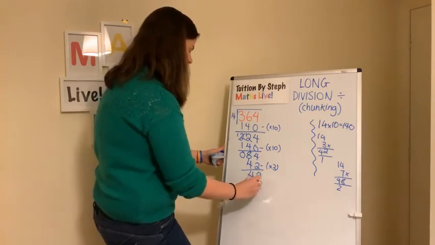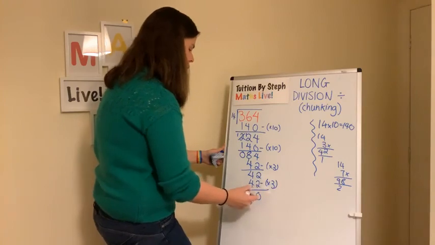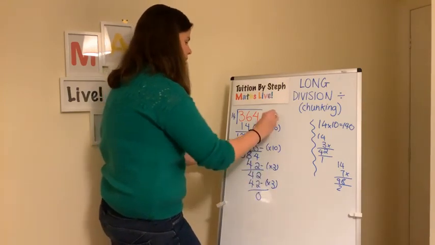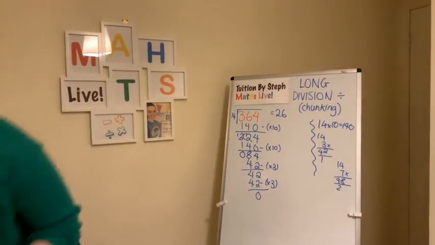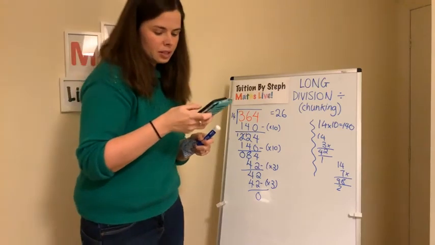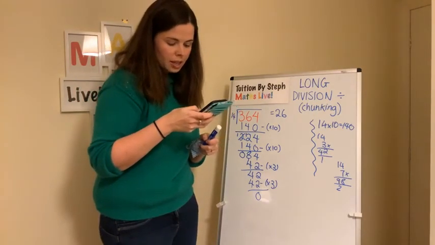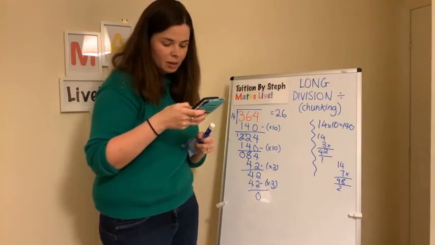So now I just take away another lot of 42. 0. So the answer is 10, 20, 23, 26. Let's have a look. 26 from Rose. I got it, yay. Brilliant.